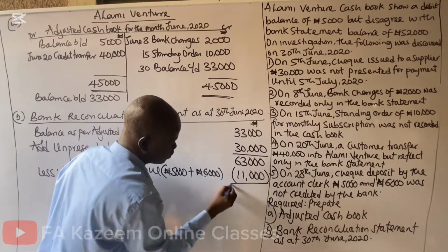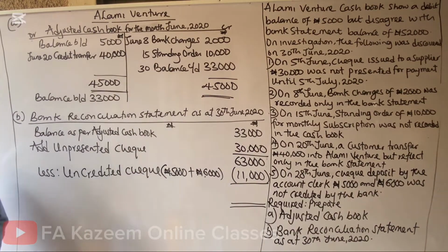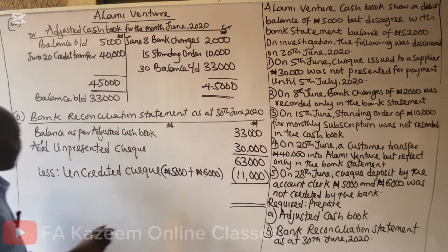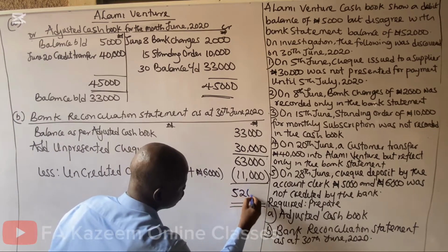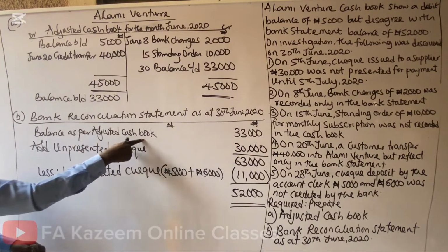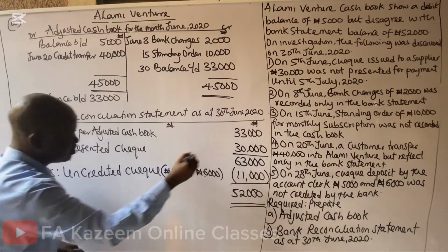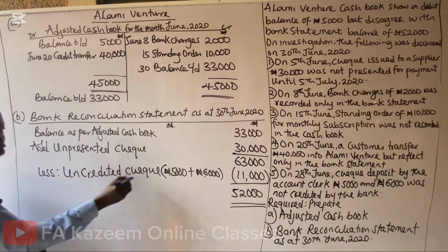Calculator, help us. 63,000 minus 11,000. What do you have, calculator? Calculator is giving us 52,000 naira. This 52,000 balance as per adjusted cash book, add unpresented check 30,000, less uncredited check.